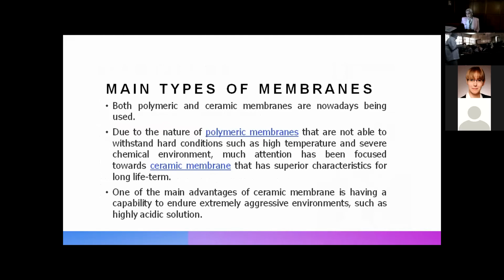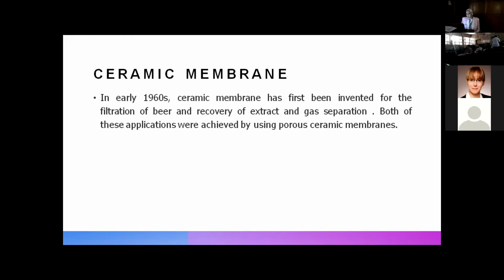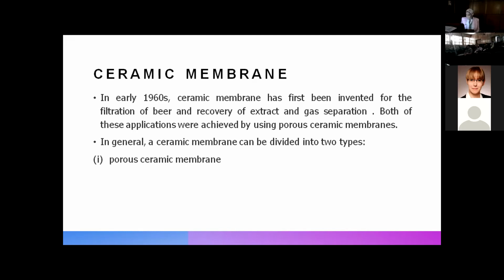Also, the main advantage of the ceramic membrane is the capability to be used in extremely hard or aggressive environments, like acidic solutions, for example. So ceramic membrane is preferred. Ceramic membrane has been used since about 1960, and it has two types: porous membrane and dense ceramic membrane.